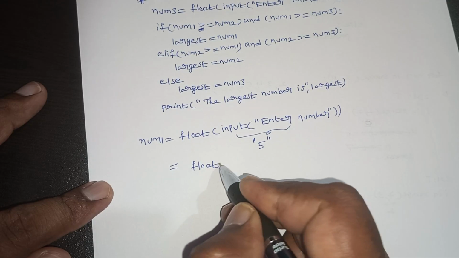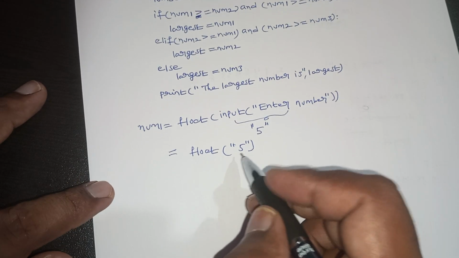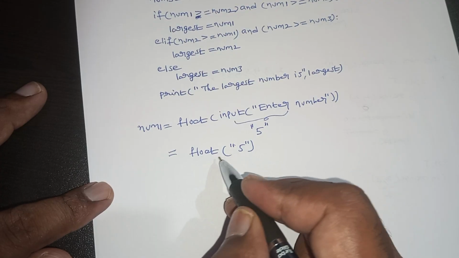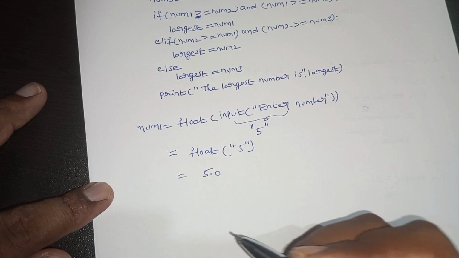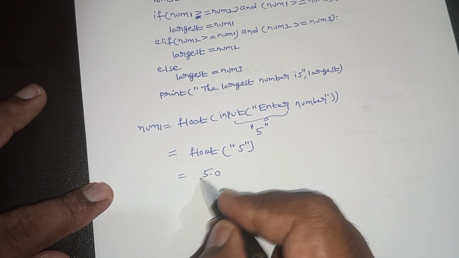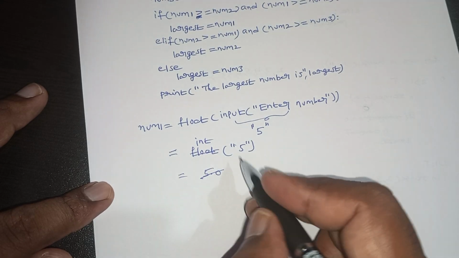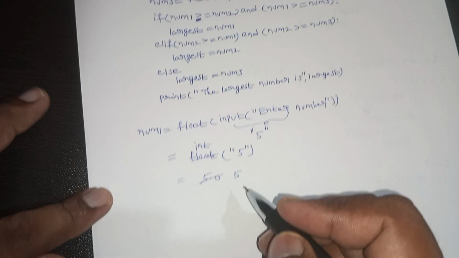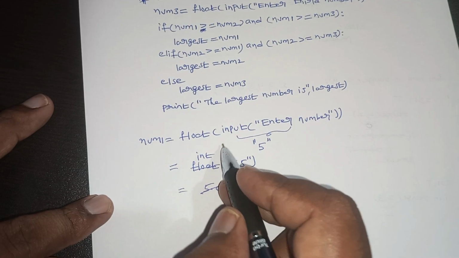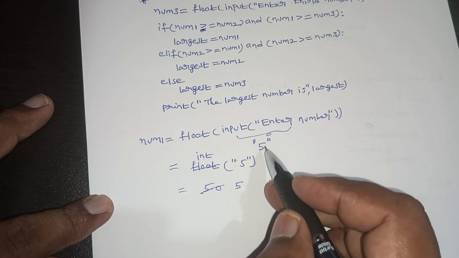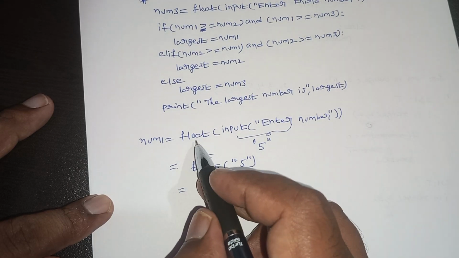Float of 5 means the string value 5 is converted into 5.0. If you want only 5, you take int, and then it will be 5. This is called typecasting: converting the string value 5 into a number. If you don't do this, you will get an error.